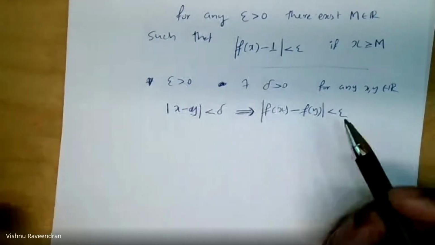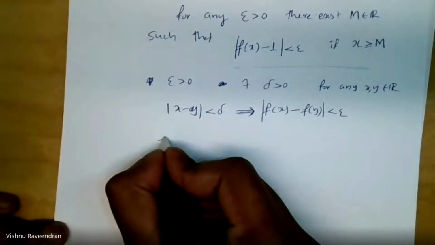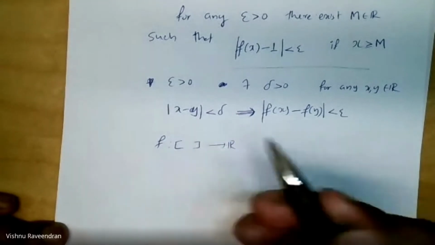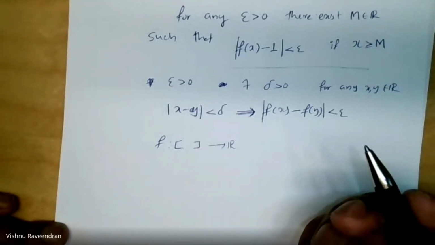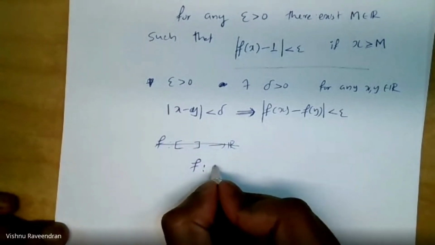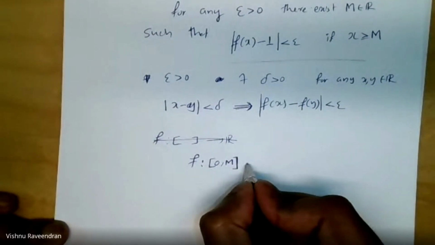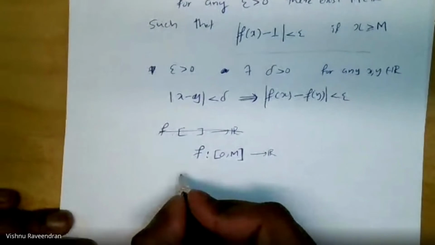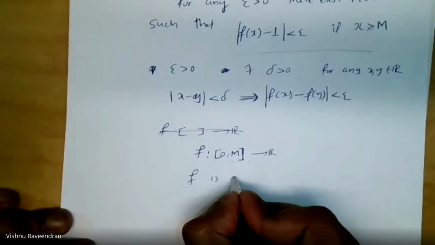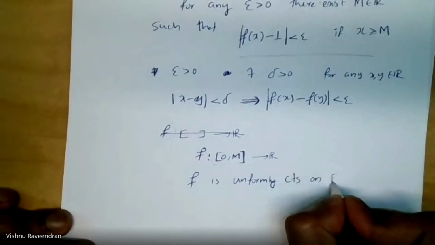Yes, but actually we can use one theorem here. We know that if f is defined on a closed and bounded interval, then f is uniformly continuous. Now consider the restriction of f on 0 to m. Since f is restricted to 0 to m, f is uniformly continuous on 0 to m.